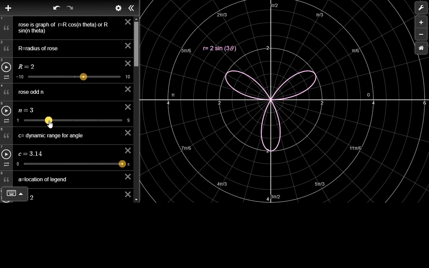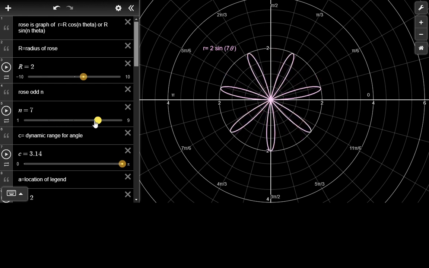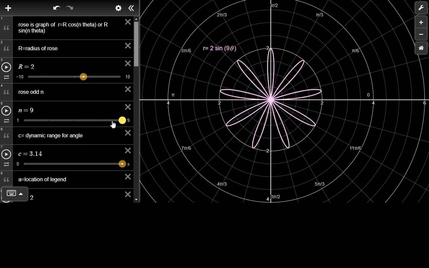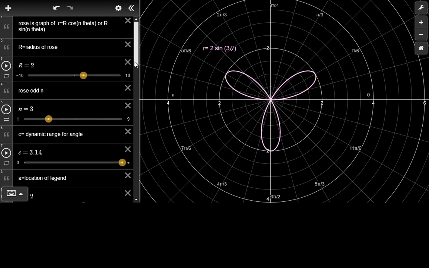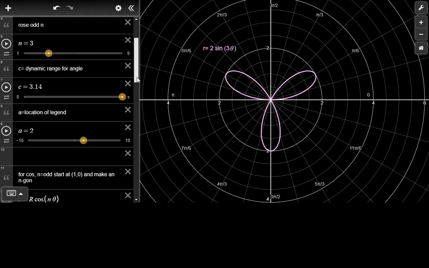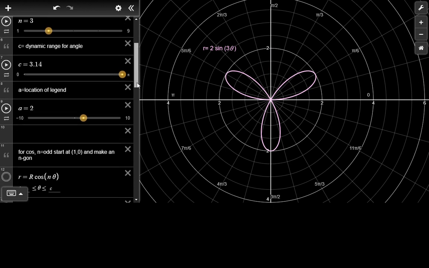The multiple of 1 we excluded because it's not a rose anymore, it's just a circle. So we excluded that. Then 3, 5, 7, 9, and so on. The roses get more complicated, but let's go back to 3, which is not as trivial as a circle and still shows the attributes of the rose.